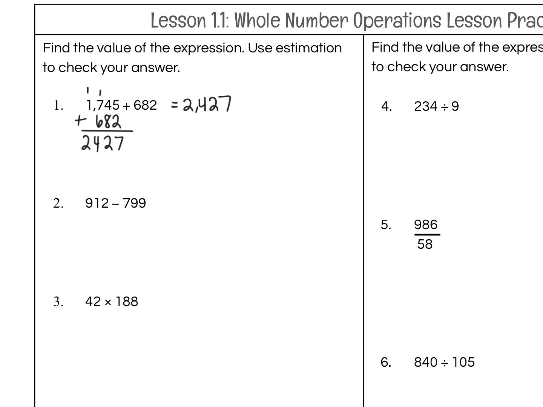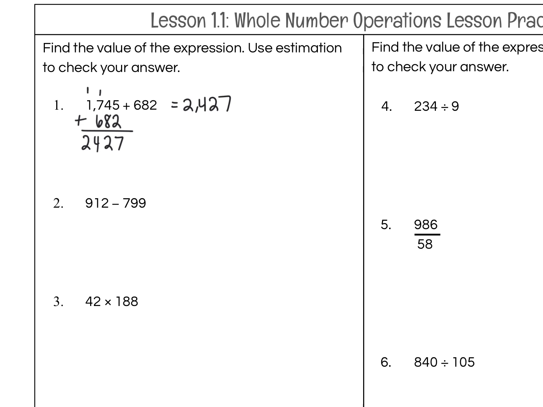Okay. What if I wanted to look at my addends, this number and this number, and estimate a sum? You could put 1,700 and 600, or you could do 700. You could do it that way. I could also round both numbers to the nearest hundreds place.